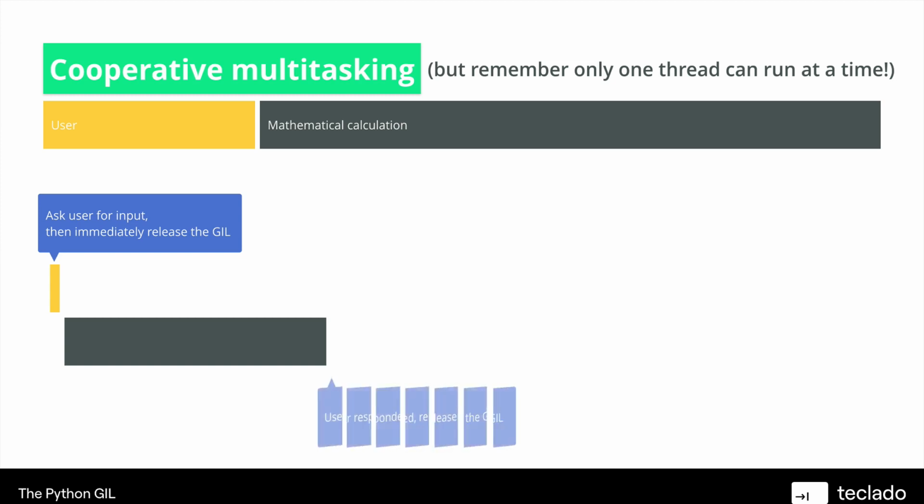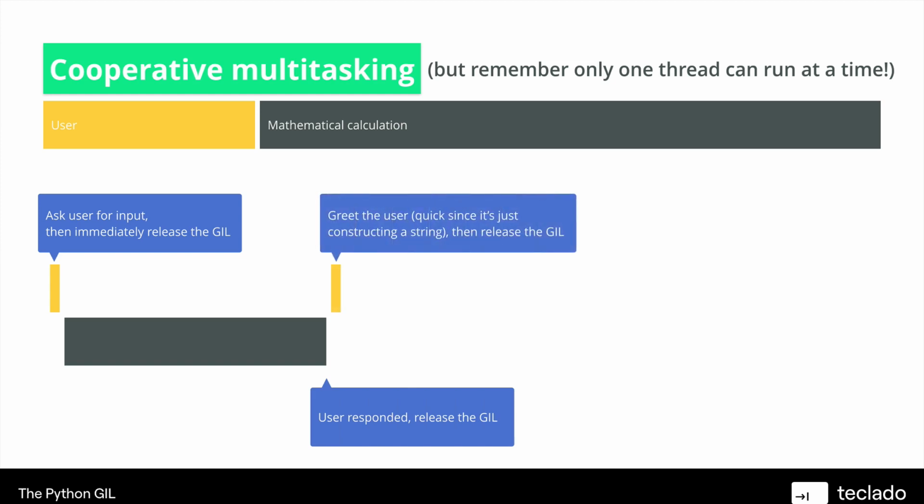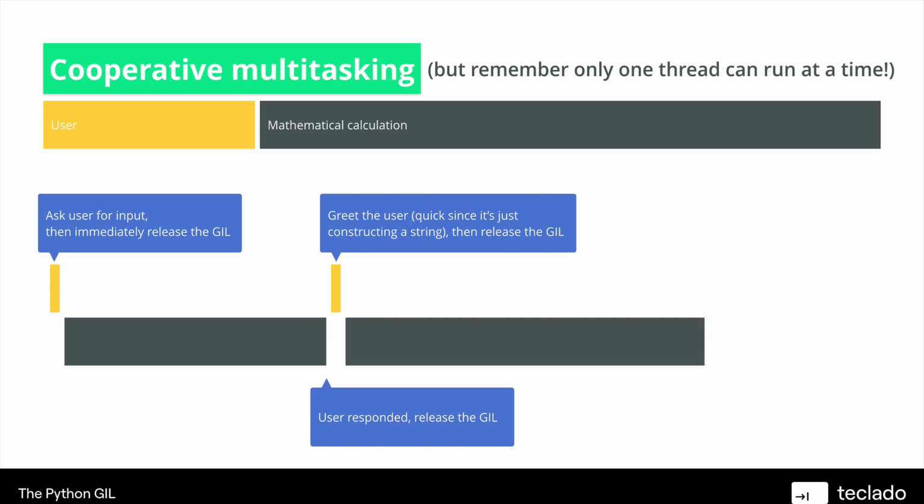So when the user responds, this code is going to have something in it to say, hey, if the user responds, release the GIL. So we release the GIL and we go back to the user. And here we can greet the user, which is really quick because we're just constructing a string and printing it out. And then we can release the GIL immediately and go back to running our mathematical calculation.